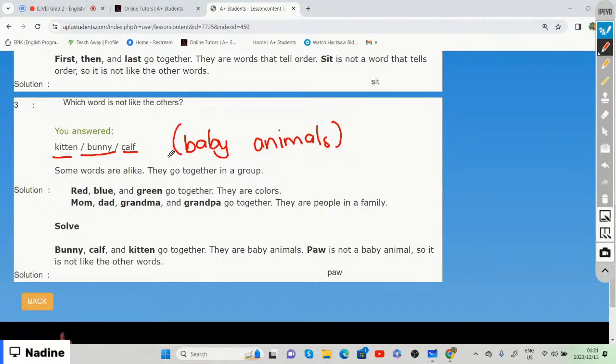They go together in the form of it being baby animals.